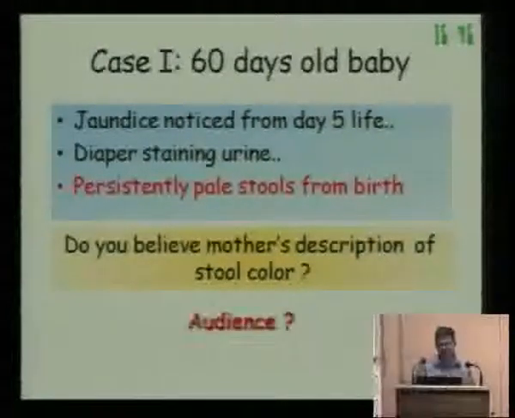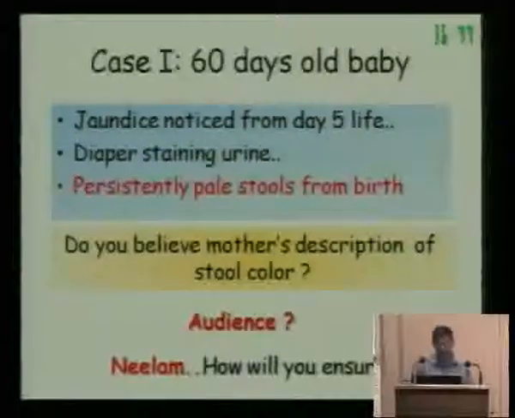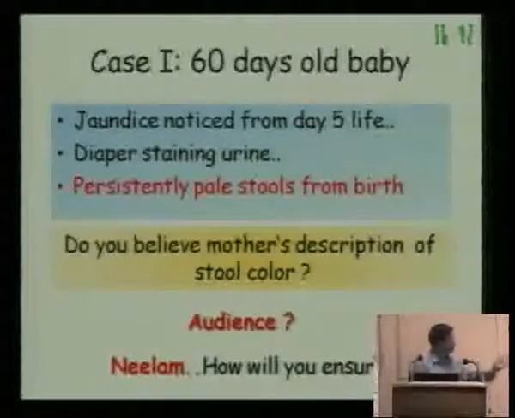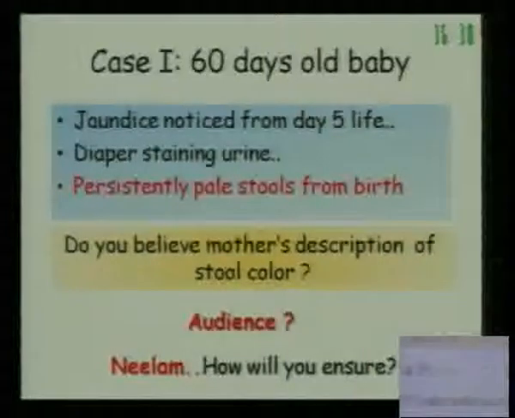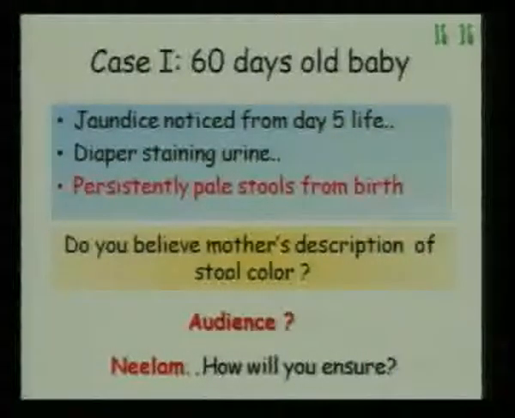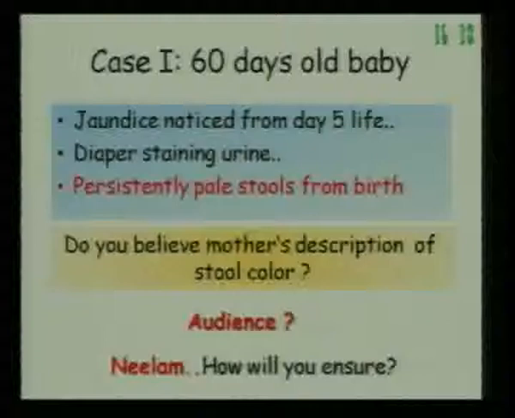Now let us have Dr. Neelam Mohan. How will you ensure? Would you believe or not? Well, to be honest, I wouldn't always want to believe it, because I've seen that the understanding about yellow stool is quite different. When they bring the stool to me, I don't think it's yellow stool.